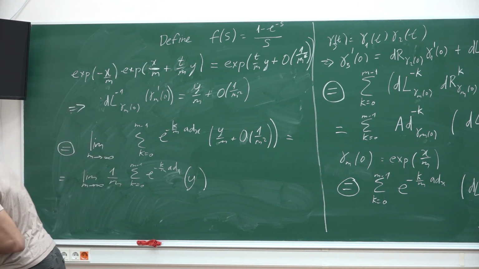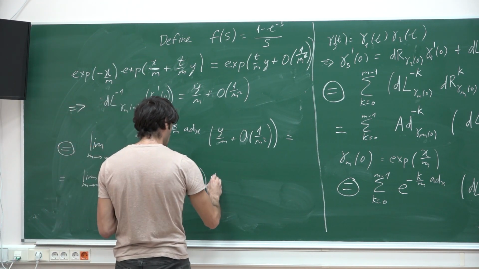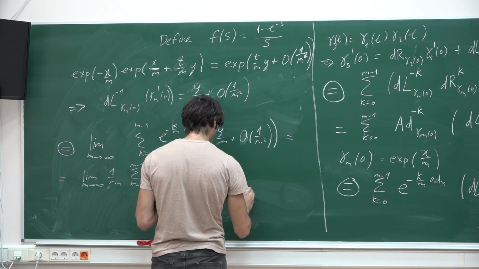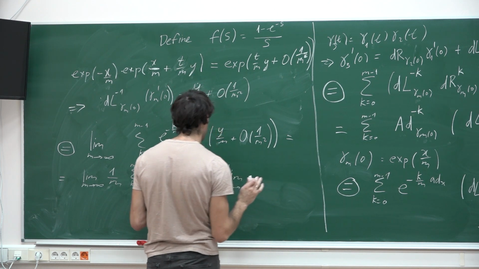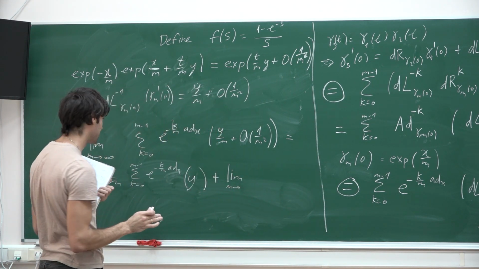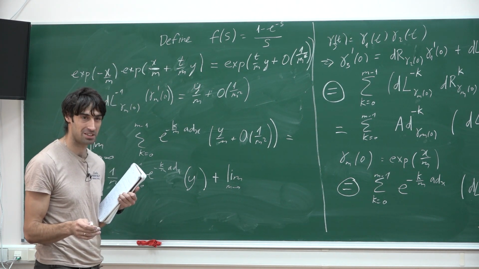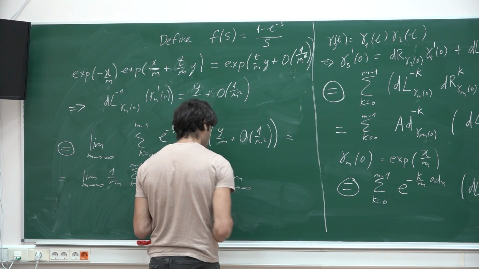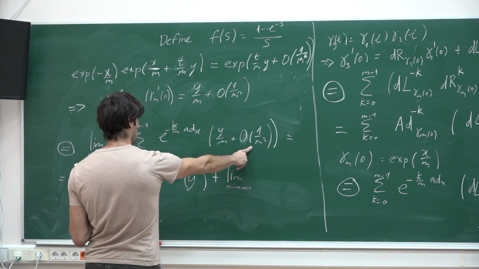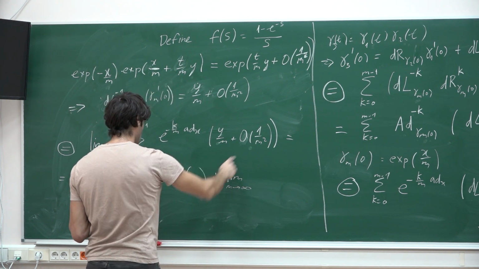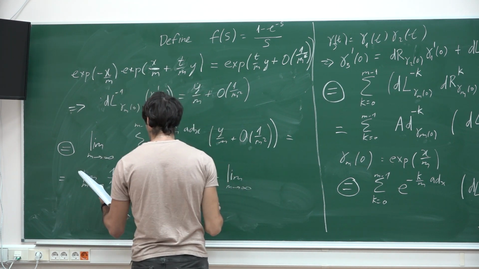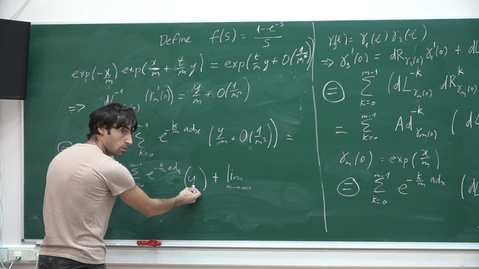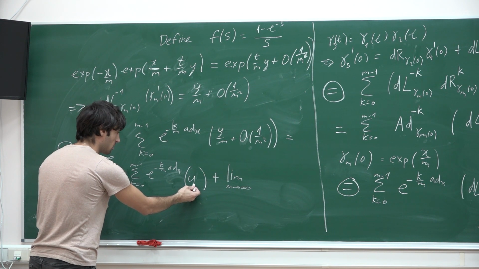Okay, and then plus, what is left? Again, the limit as m goes to infinity. As mathematicians, we should always check that all these limits exist, but at the end we will see that they do. So I have an expression of the same kind, with maybe some other element, not y, but maybe some z.